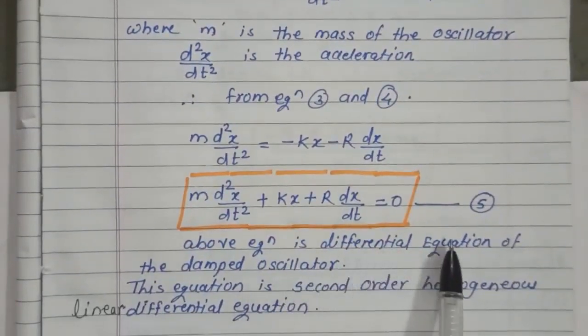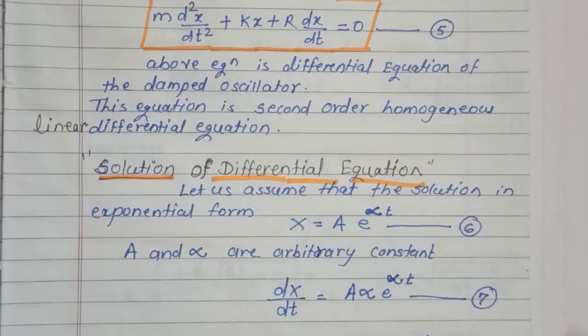The above equation is the differential equation of the damped oscillator. This equation is a second order homogeneous and linear differential equation. Solution of the differential equation.